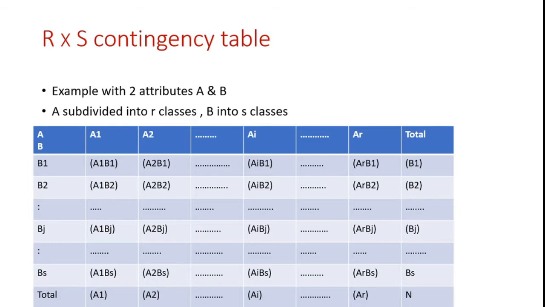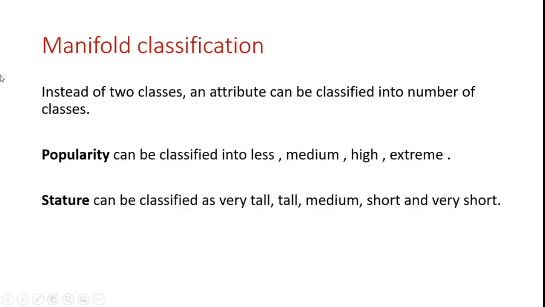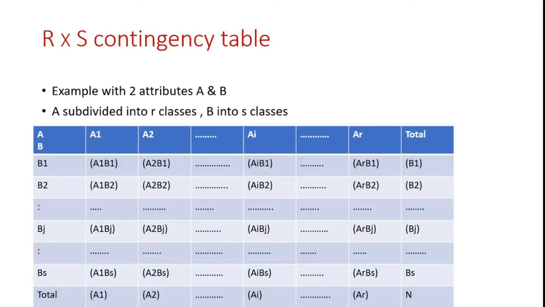When I say R classes, it is like the popularity here, if we say less, medium, high, and extreme, then it is 4 classes, right? Similarly, stature is very tall, tall, medium, short, very short, so we have 5 classes. So it is 4 by 5, 4 cross 5. So here we have R cross S, with R classes for attribute A and S classes for attribute B, and this is how the contingency table is represented.